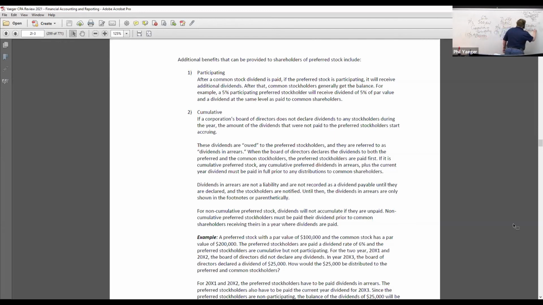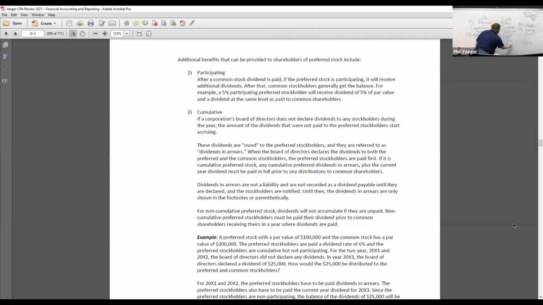So we add this together, we get $700,000, right? Now, 5/7 of 8,000 would go to the preferred stockholders, and the common stock would get 2/7 of the 8,000.